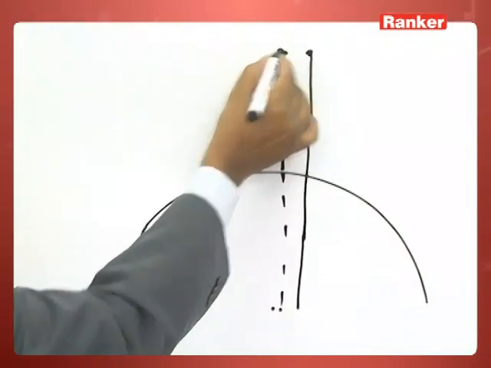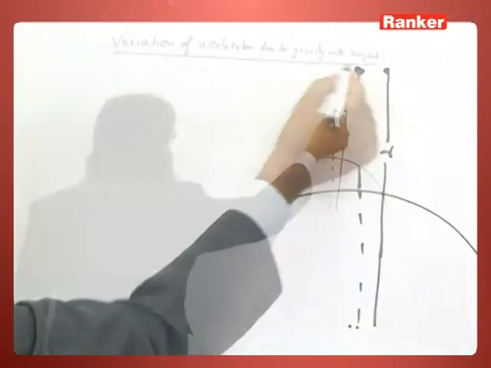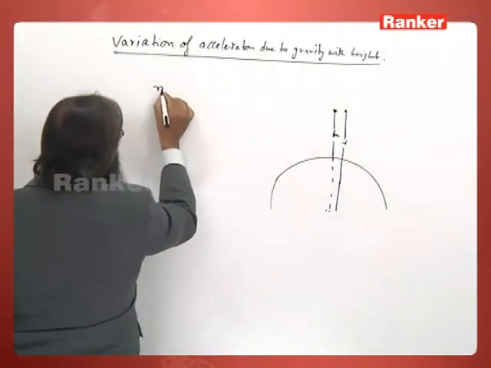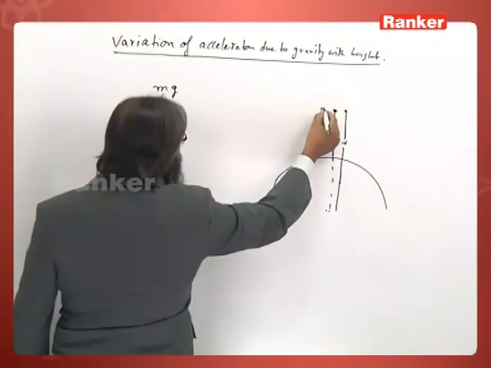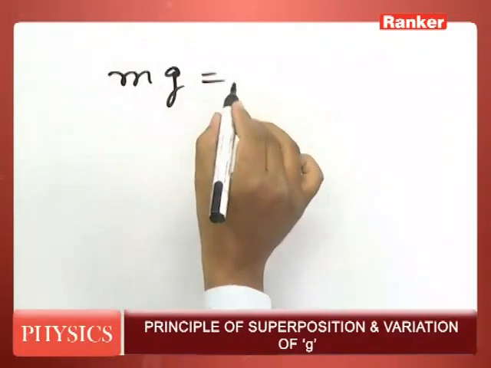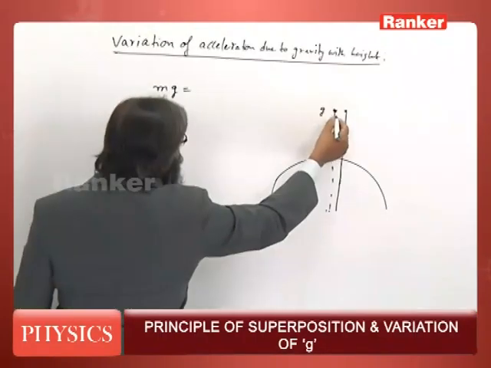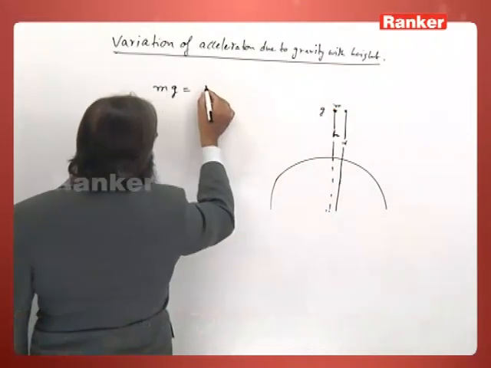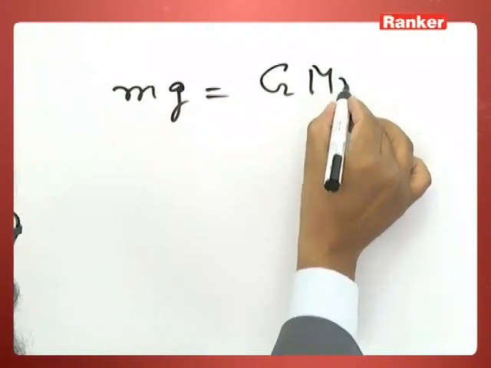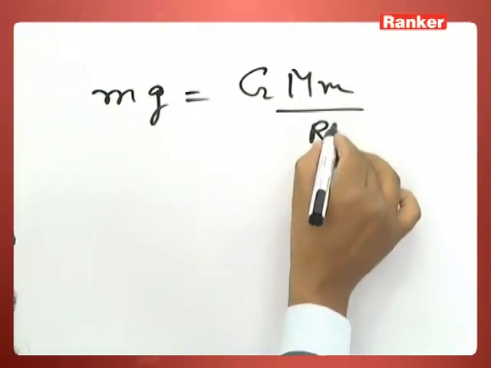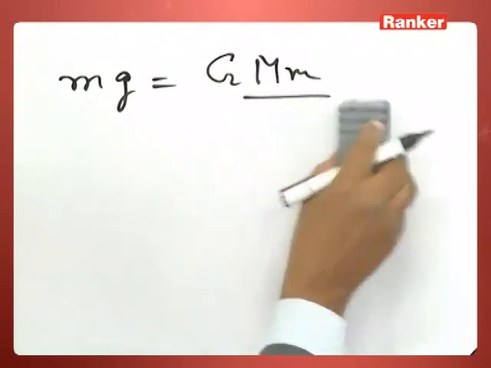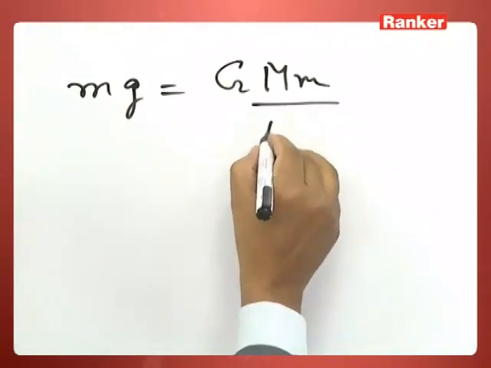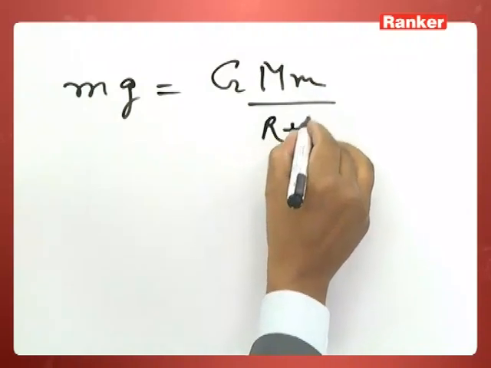The gravitational field here, applying Newton's law: mass times the acceleration g, at this place we have g, is equal to the gravitational force. Suppose this is mass m, so GMm by r square, this small r, which is R plus h whole square.